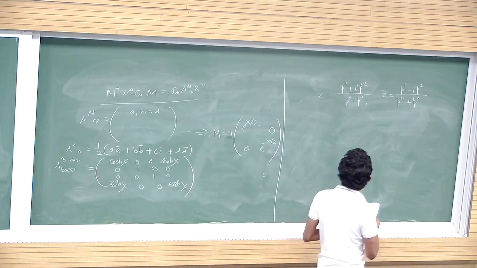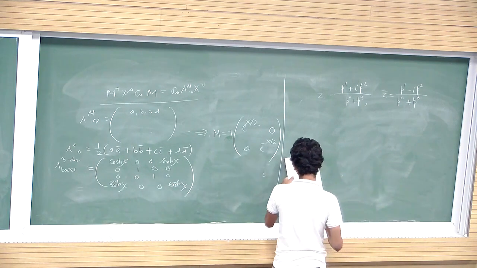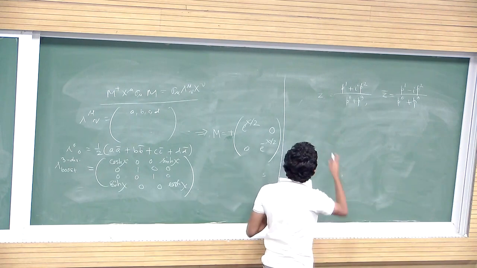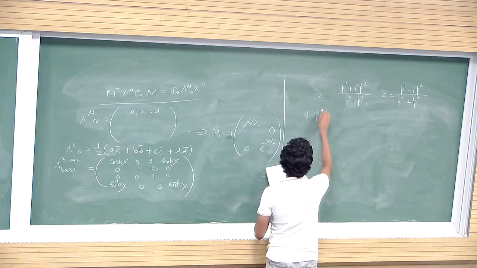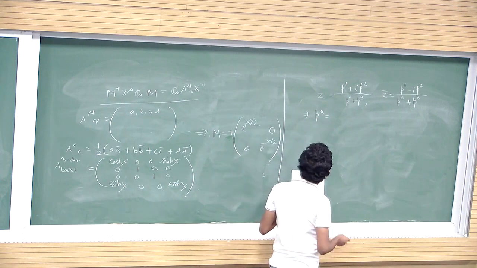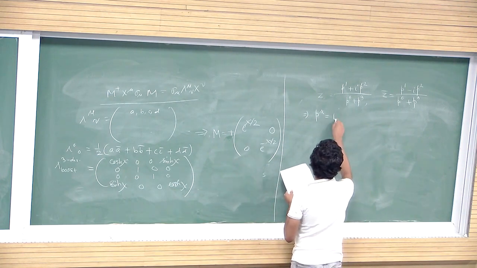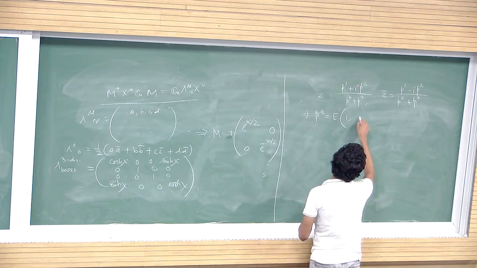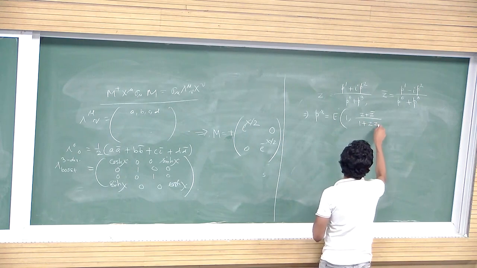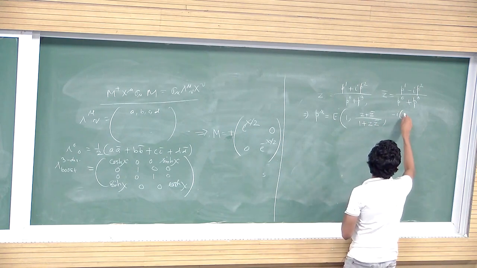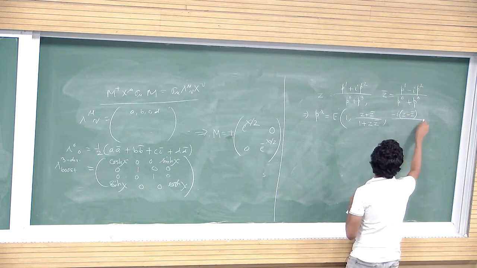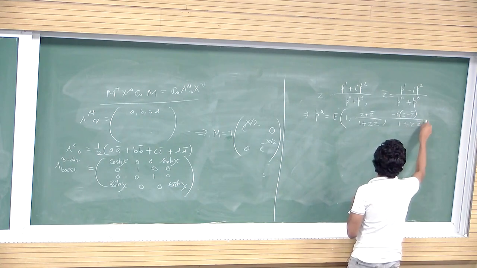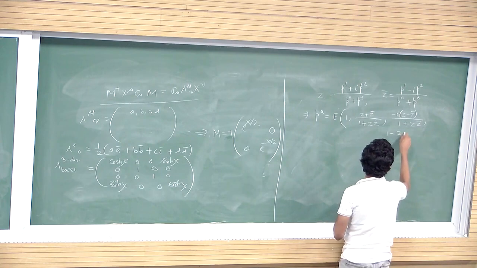Okay. So now what you can do is, or rather it is a different way of writing the null momentum than what Orintham has written. This is another way of writing this. So E times (1, (z plus z bar) by (1 plus z z bar), ..., (1 minus z z bar) by (1 plus z z bar)).